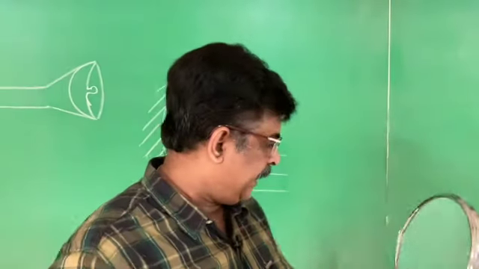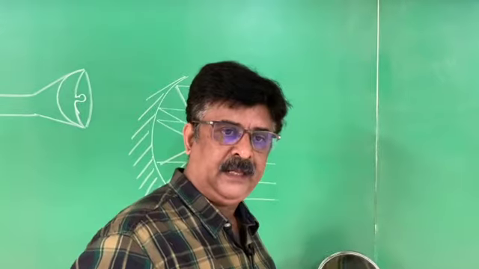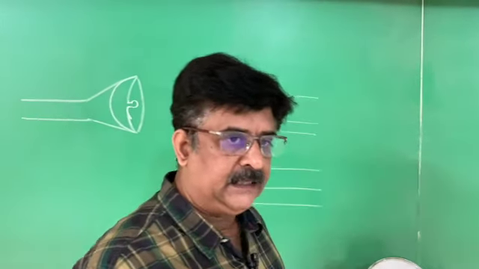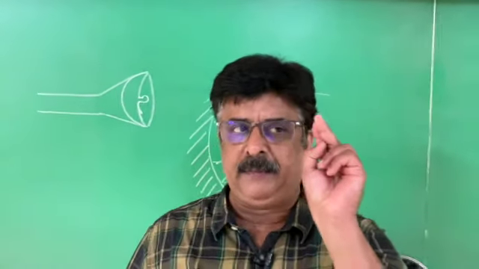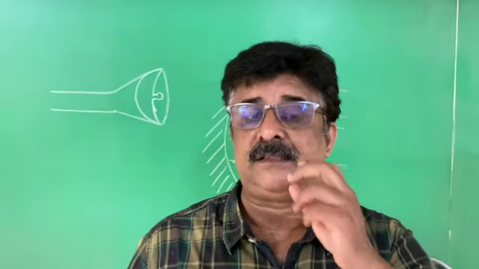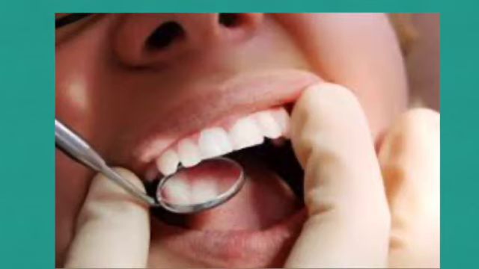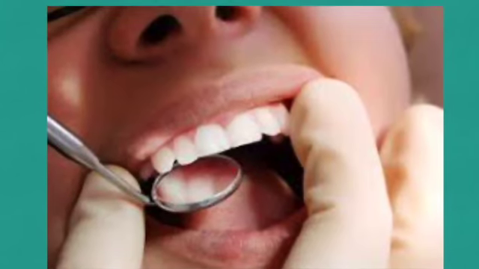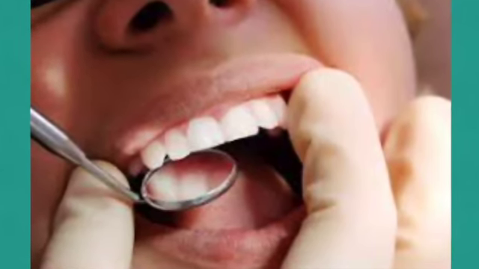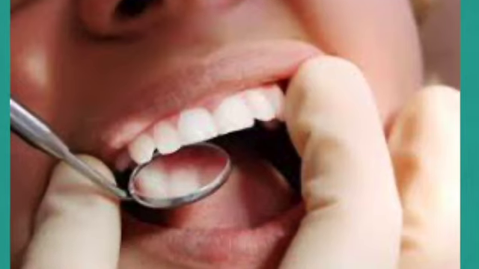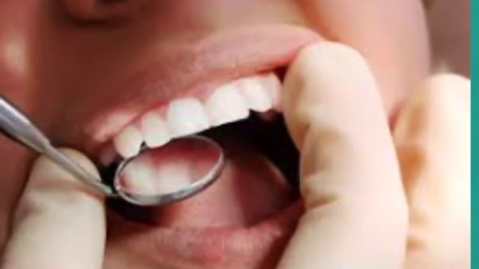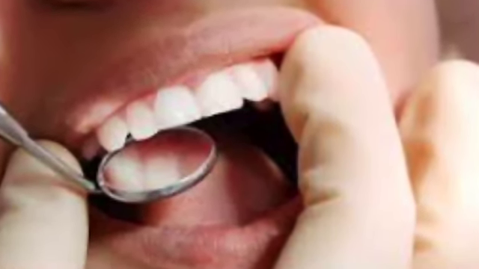The same idea is used by the dentist. If you go to the dentist, he uses a small mirror, tells us to open the mouth, and keeps the mirror near the teeth. He can understand the tooth decay by keeping the mirror very close to the tooth.